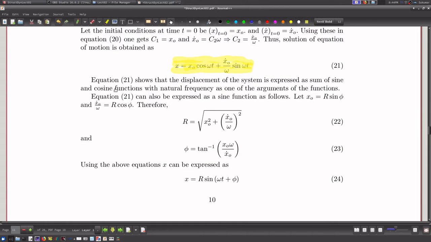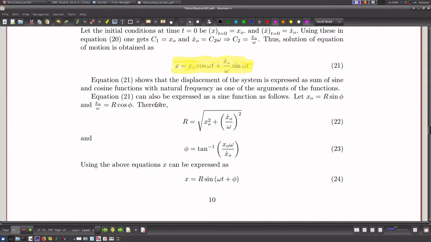and therefore if I want to express it as a sine term, then I would like to use the sine A cos B plus cos A sine B formula. So what I will do is use x naught as r sine phi and x dot naught by omega as r cosine phi.